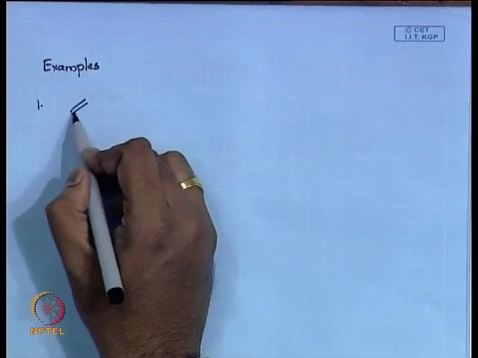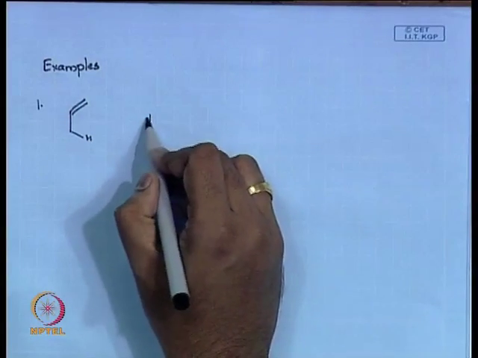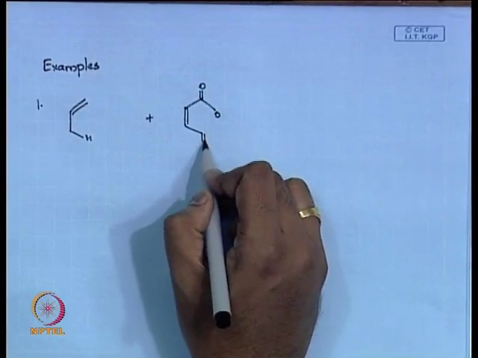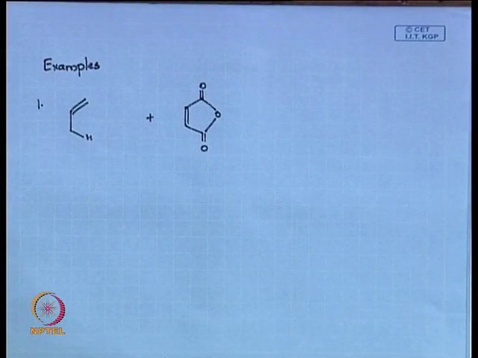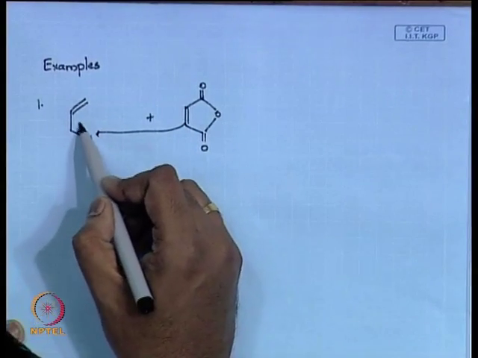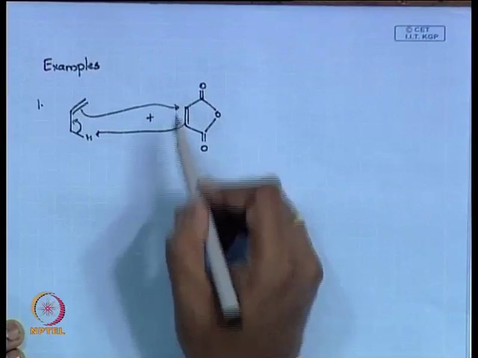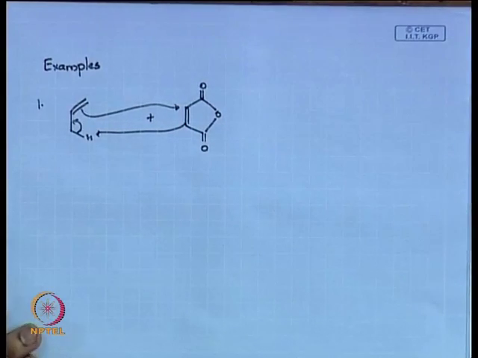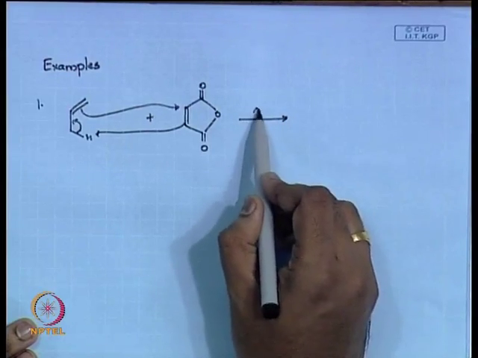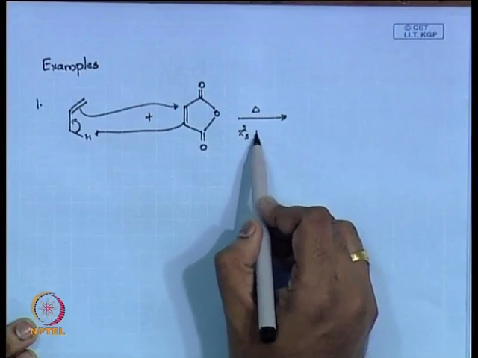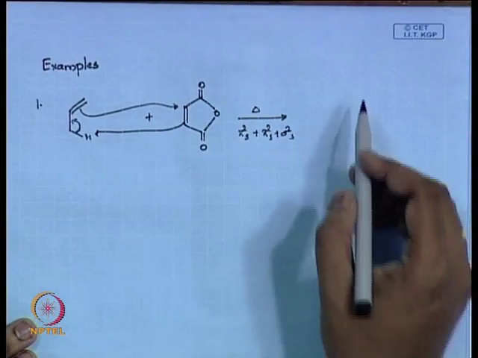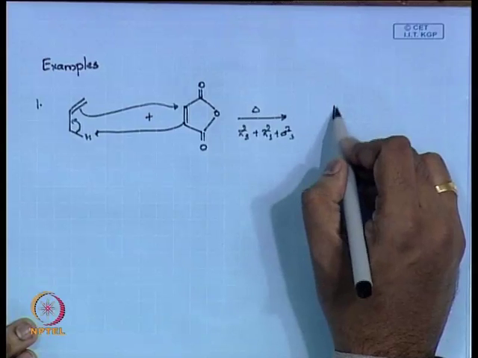So, I have an alkene with an anhydride, so you have a hydrogen being pulled, then you can shift this with this, and you can get your product. On heating, you can say it is pi 2s plus pi 2s plus sigma 2s, and you can write your product.